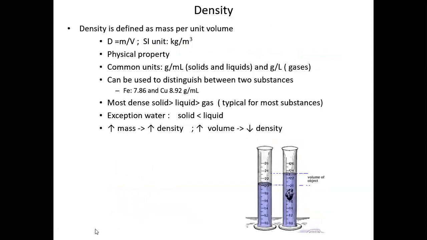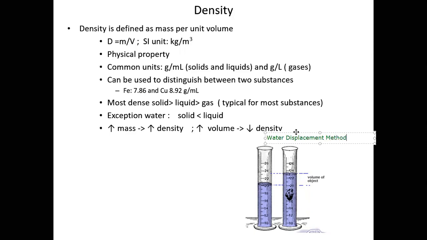And so one way that we can determine the volume of a substance, especially if it's irregularly shaped, is by water displacement. This technique shown in the bottom right-hand corner is referred to as the water displacement or volume displacement method.